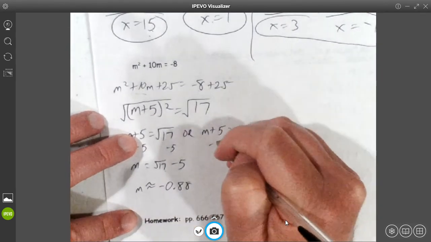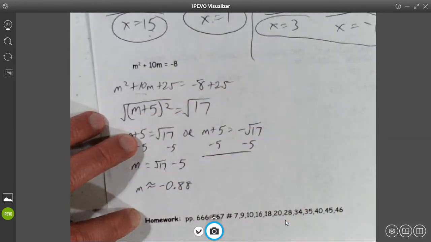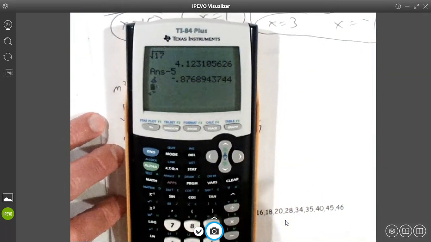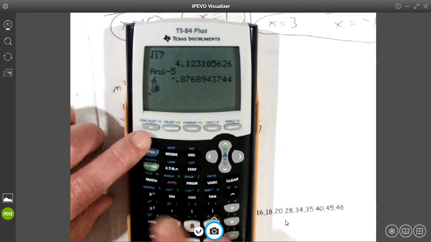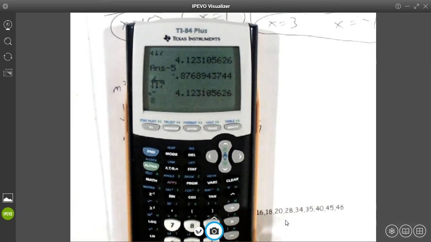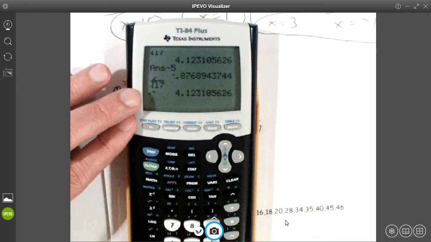And now the other one is subtract 5 and subtract 5. This one's going to be a little bit trickier. On your calculator, find the square root of 17. You'll get that answer again, but now you want to put a negative sign in front of it. If you just hit the negative button on your calculator, it'll automatically put that negative sign in front of it.